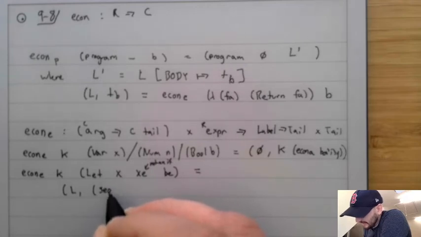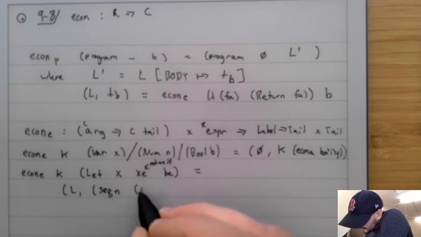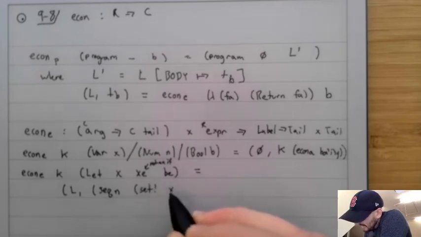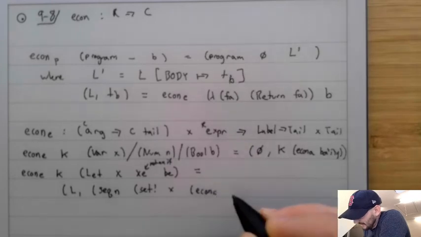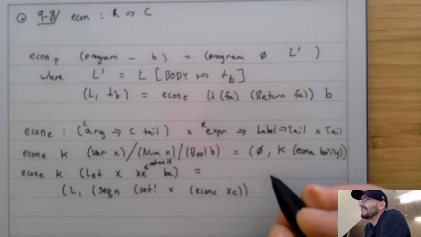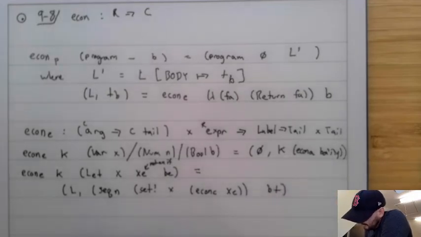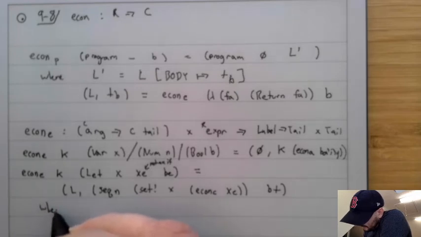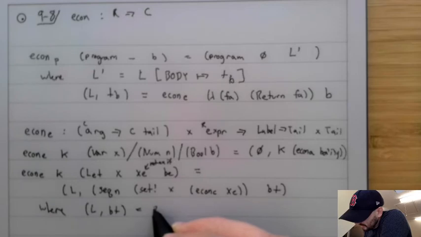Remember, sequence is the way of taking two tails and sequencing them, with a setbang of X and econ C of XE, and then BT, where L and BT is the result of calling econ E K on BE.